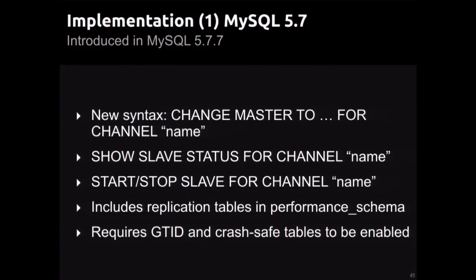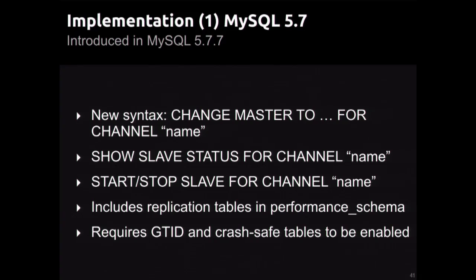In MySQL 5.7, we have the concept of channel. So instead of having one stream of information, we have several ones. So when we do change master to, we do change master to for channel and the name. Show slave status for channel and the name. And basically, you can do everything for this particular channel.